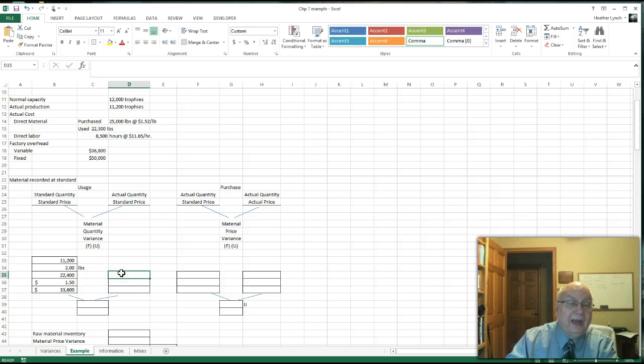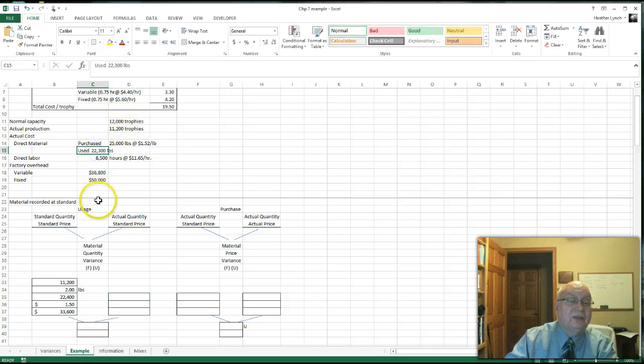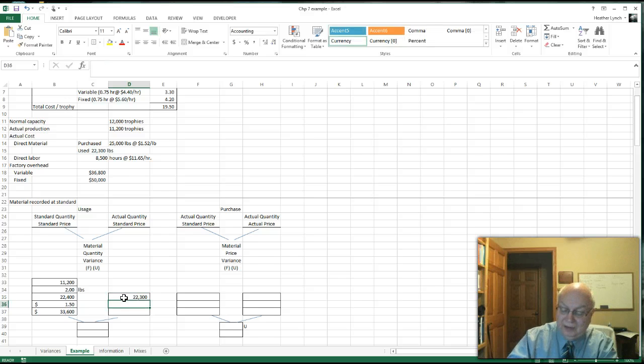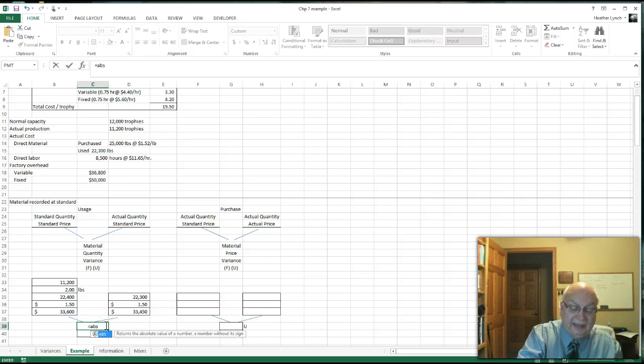We compare that to what we actually did use, which was 22,300 right there. So that's what we'll put in there, 22,300. Again, $1.50 is my standard, so we take 22,300 times $1.50, or 33,450. So equals ABS. Now ABS is Excel for absolute value.